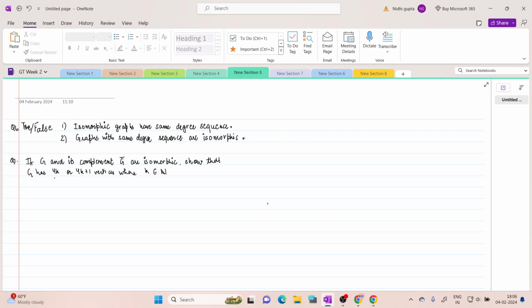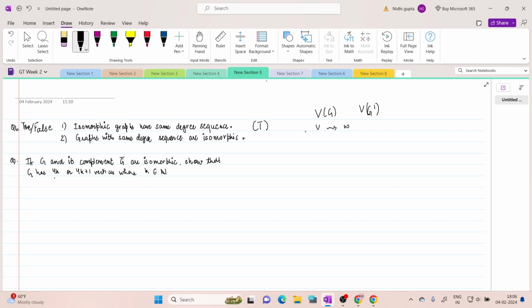True. Yes, true. Because if we have a bijective function f from V of G to V of G prime, and suppose V is adjacent to U1 up to UK, then f(V) will be adjacent to f(U1) up to f(UK).